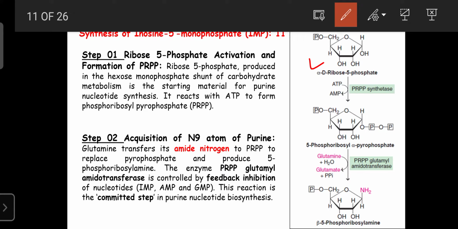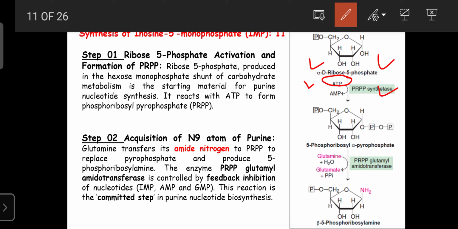ATP donates the phosphate group to the alpha-D-ribose 5 phosphate. That is catalyzed and regulated by an enzyme known as PRPP synthetase. This enzyme causes the addition of the phosphate group released from the ATP.